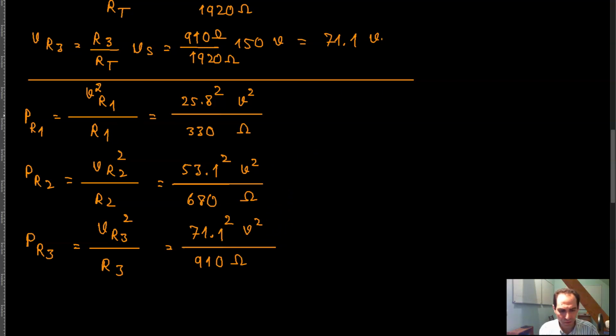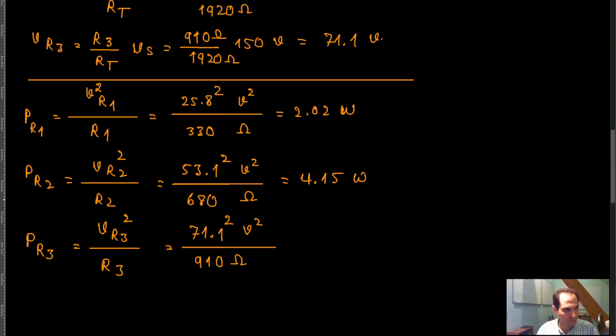And that is equal to, let me calculate this, 25.8 squared divided by 330. That's 2.02 watts. Now if you calculate 53.1 squared and divide that by 680, you would get 4.15 watts.